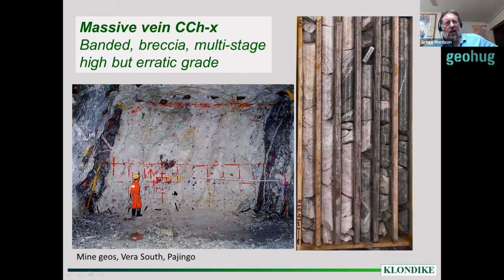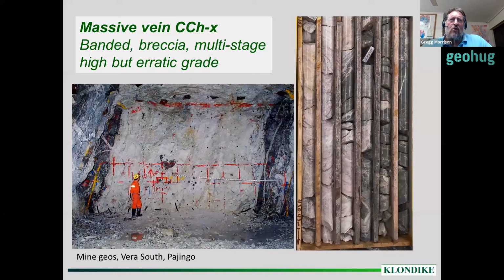The thing that you learn very quickly when you work on these things underground is that it's almost impossible to predict the grade. There were several research projects that accompanied the normal day-to-day work, and they demonstrated that on a 10 centimetre by 10 centimetre basis, the grade can go from nothing to 100 grams.